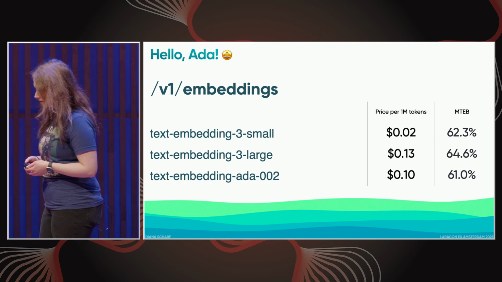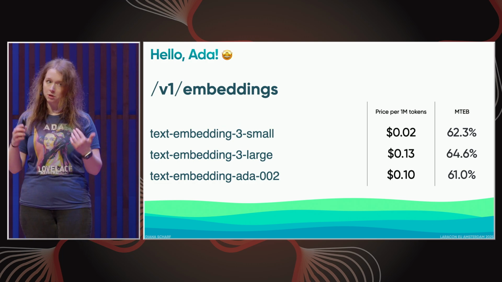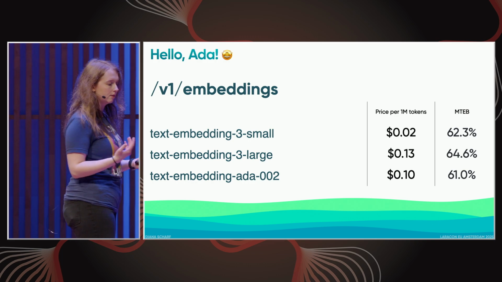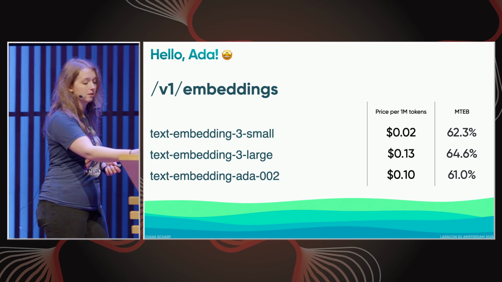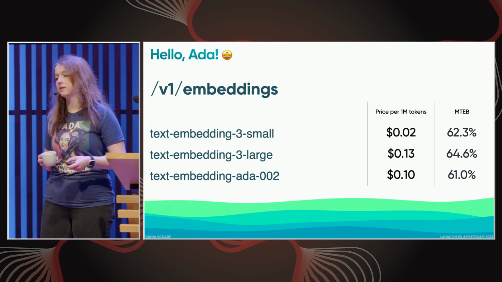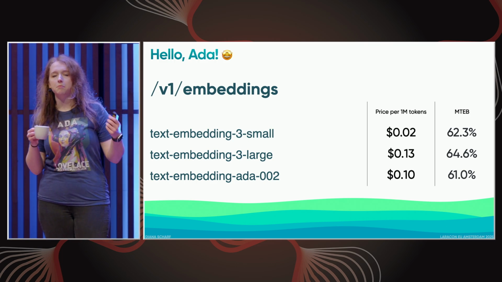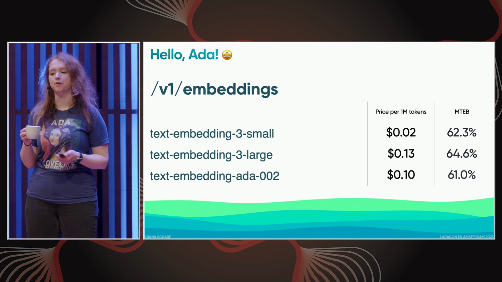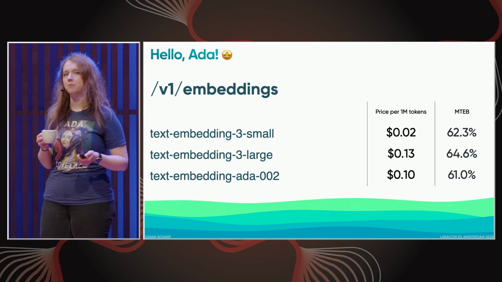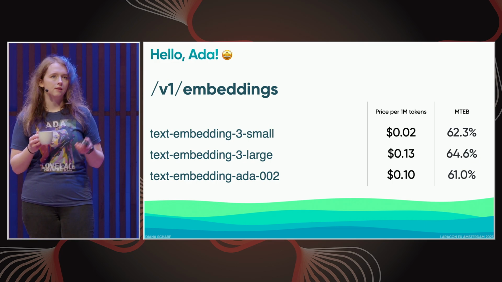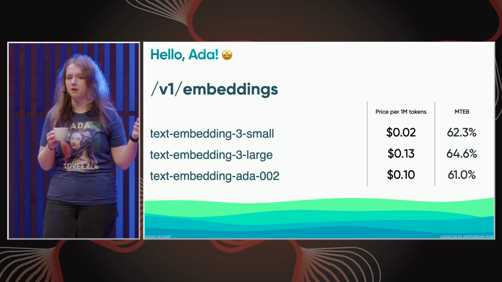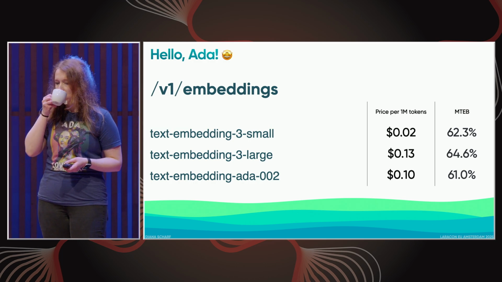And these models differ in price per 1 million tokens that are processed, and of course in their performance. Performance for these models is measured in MTEB, the Massive Text Embedding Benchmark, and it measures the performance of these models in terms of text similarity and clustering of text.